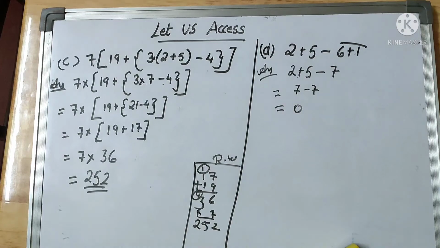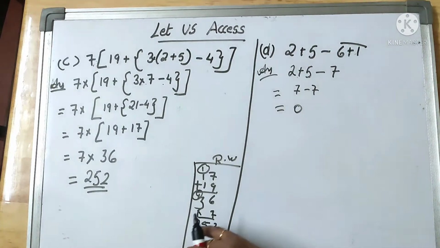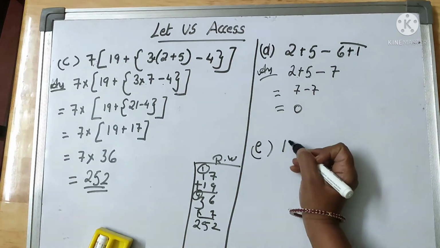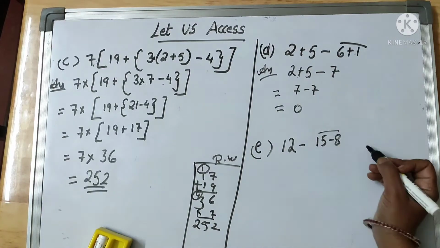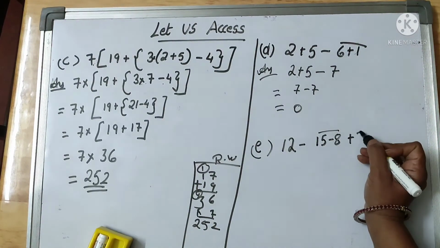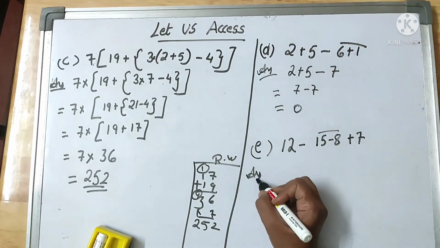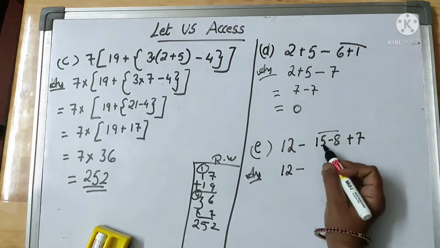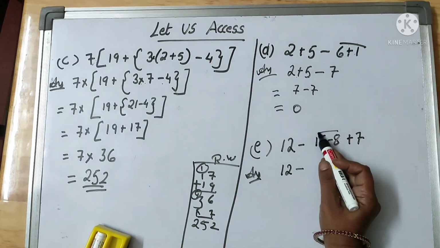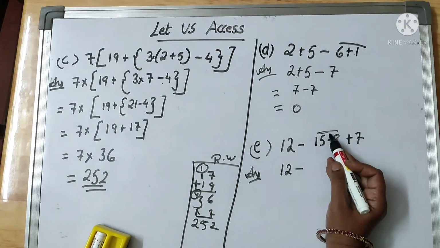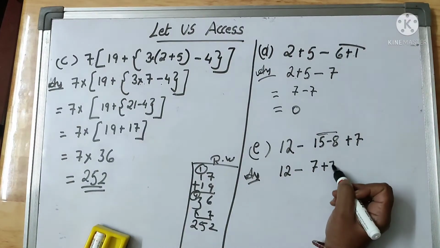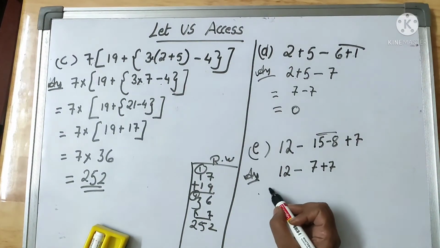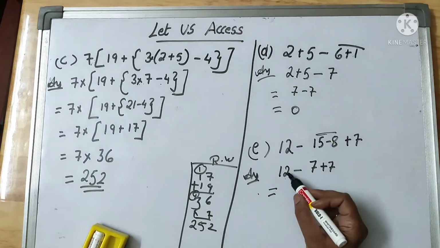Now one more question of lattice axis. Suppose it is E1, 12 minus 15 minus 8, there is a bar, plus 7. Now how we are going to evaluate is 12 minus, now 15 minus 8 is how much? First we will evaluate this expression, 15 minus 8 where the bar is over there. 15 minus 8 is 7. Now minus 7 plus 7. In the next step we add the plus signs together.